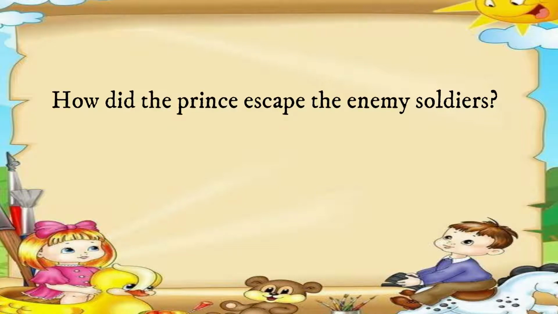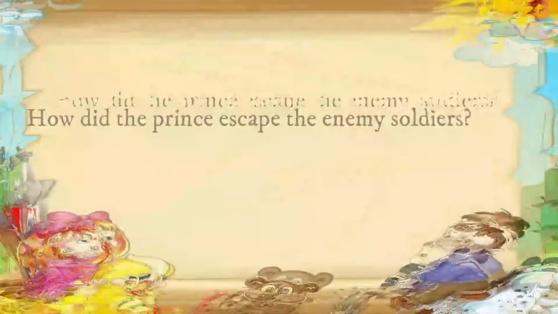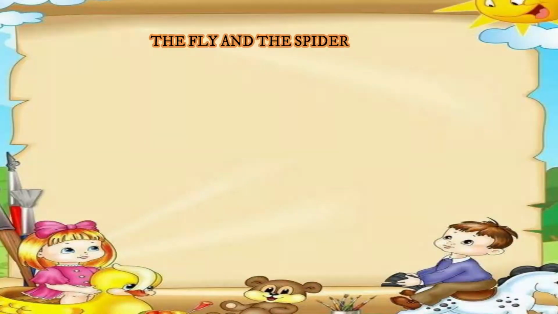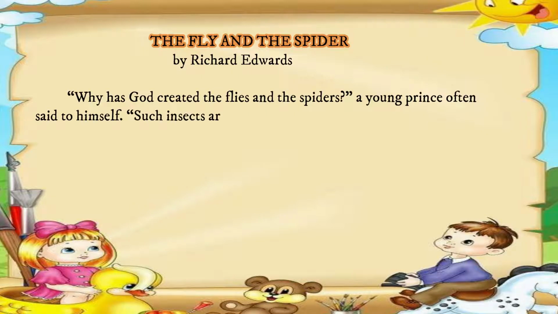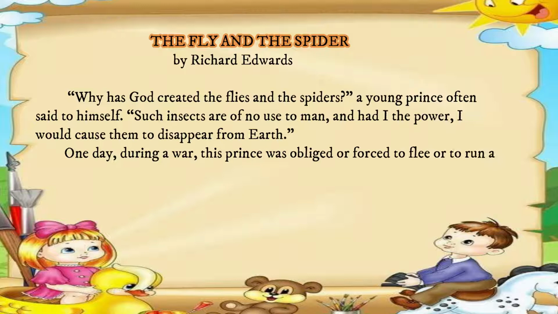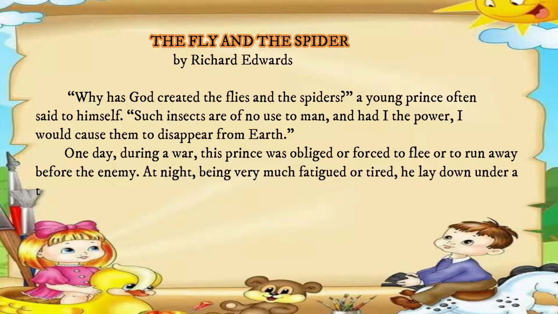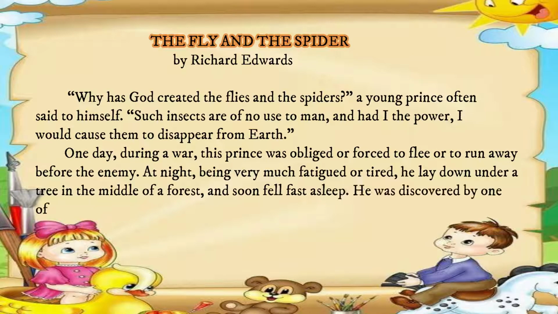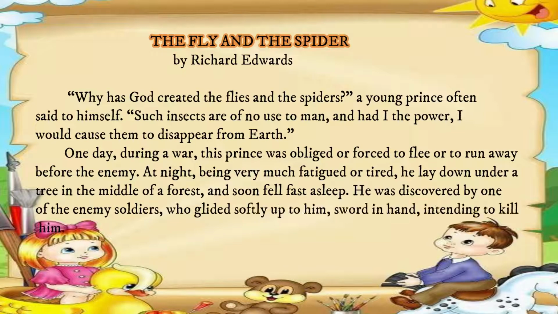The Fly and the Spider by Richard Edwards. Why has God created the flies and the spiders? A young prince often said to himself, "Such insects are of no use to man, and had I the power, I would cause them to disappear from earth." One day, during a war, this prince was obliged or forced to flee or to run away before the enemy.